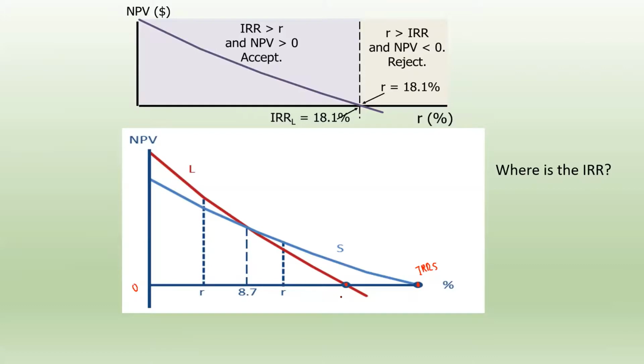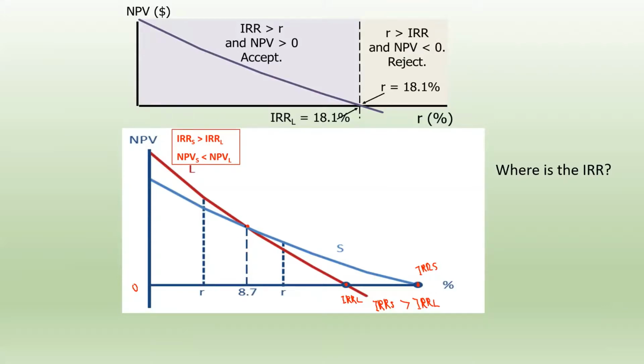This is the IRR of project L. And we know IRR S is always greater than the IRR of project L, right? This is the crossover point for those two projects. The rate that makes those two projects have exactly the same net present value is 7.8%.